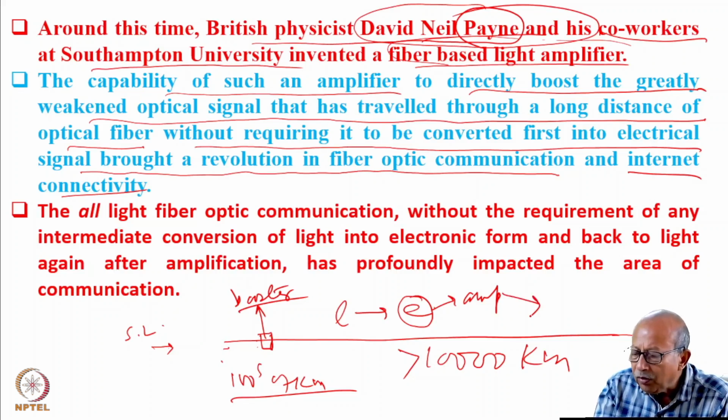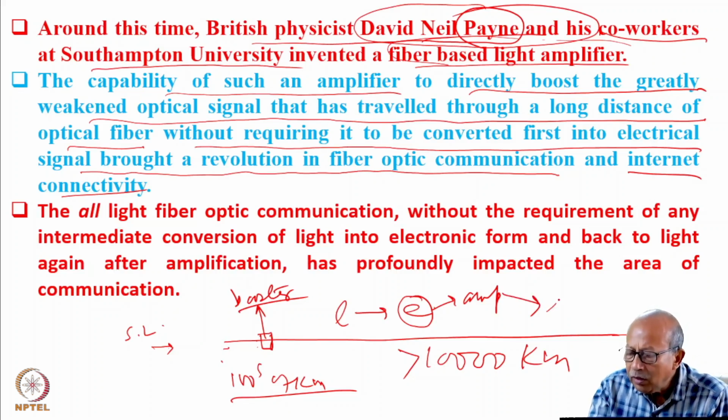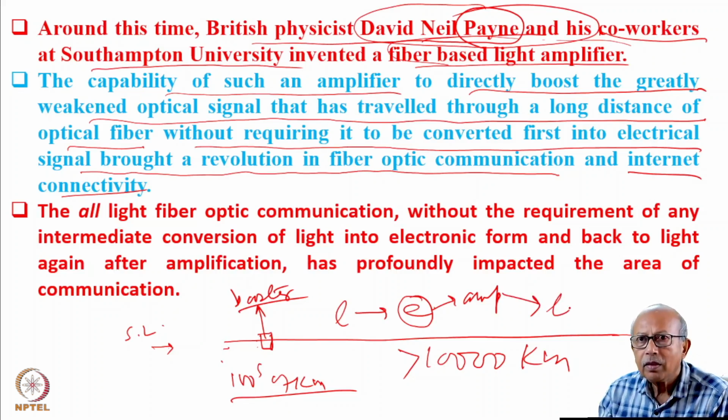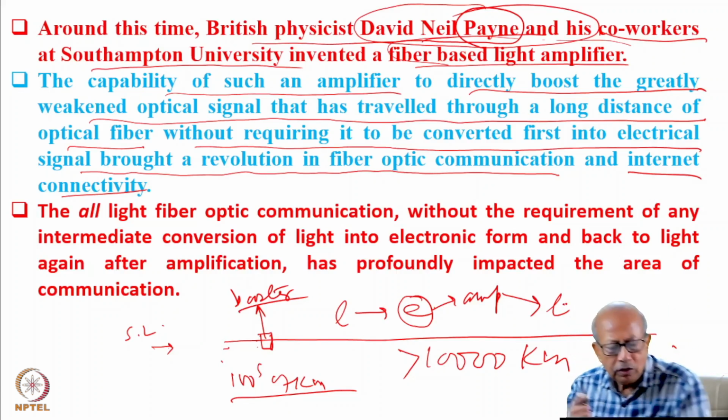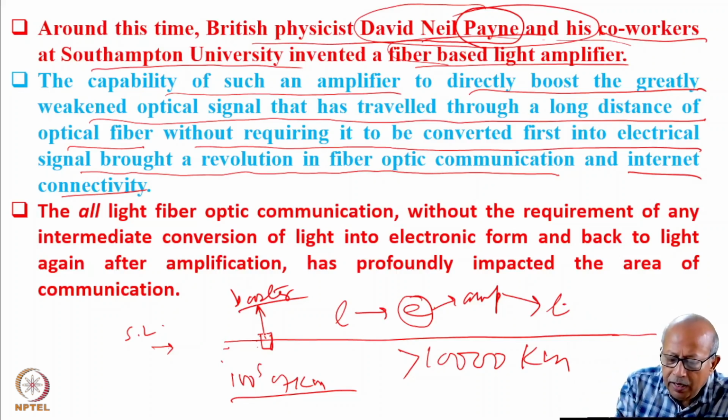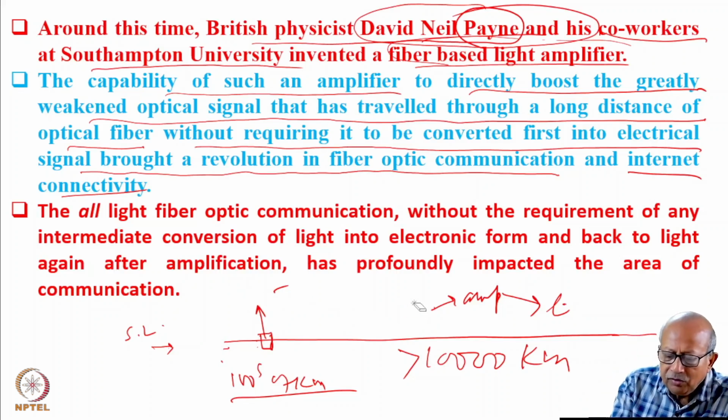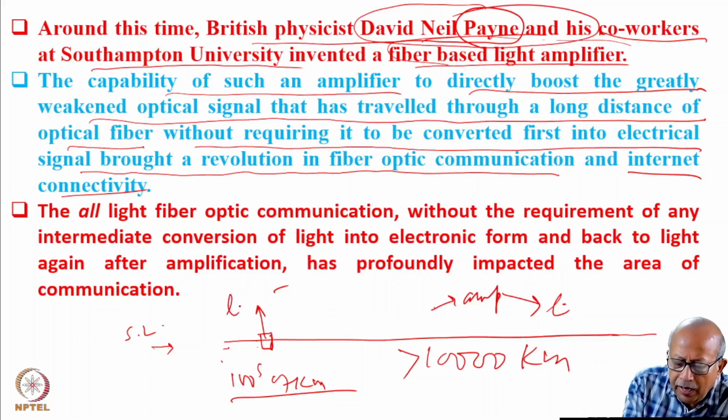And after amplification, it is then converted back into light. And then this light would travel to the next stage. So this booster is basically a light to electric to light converter.